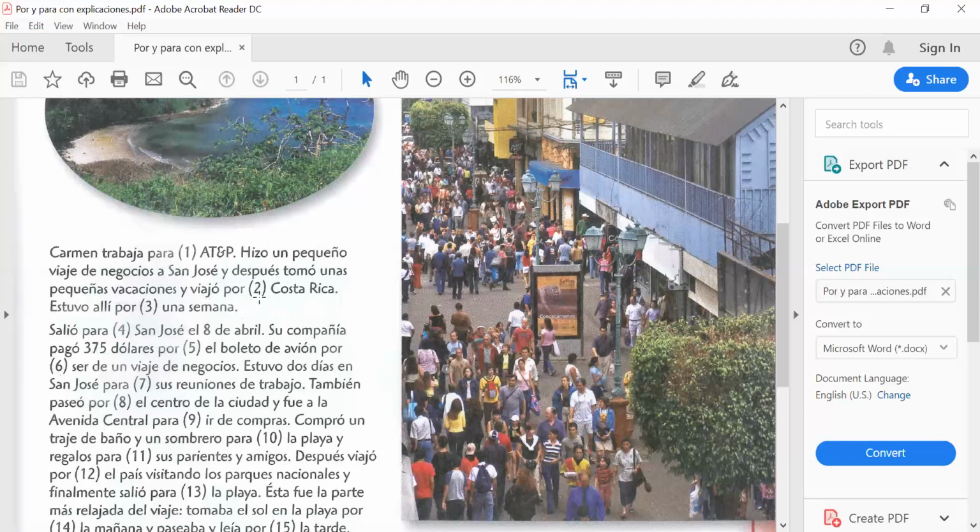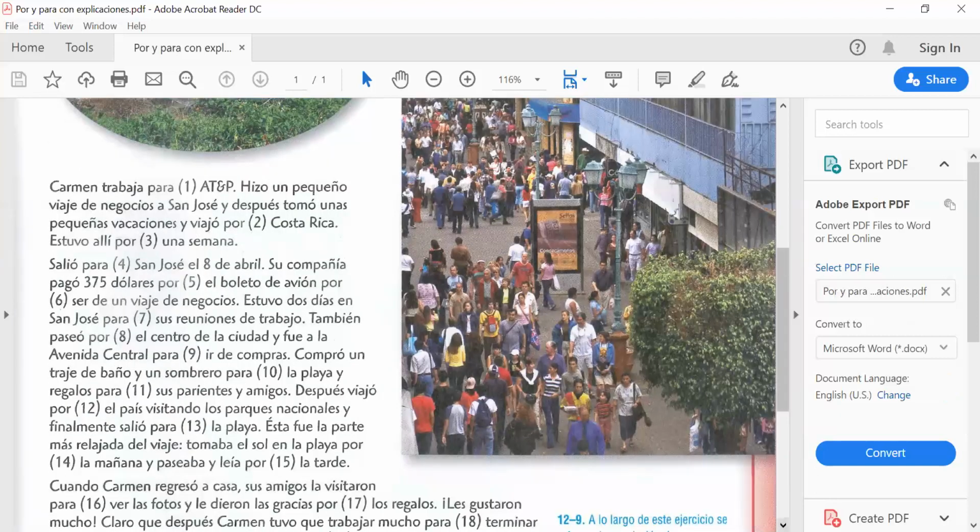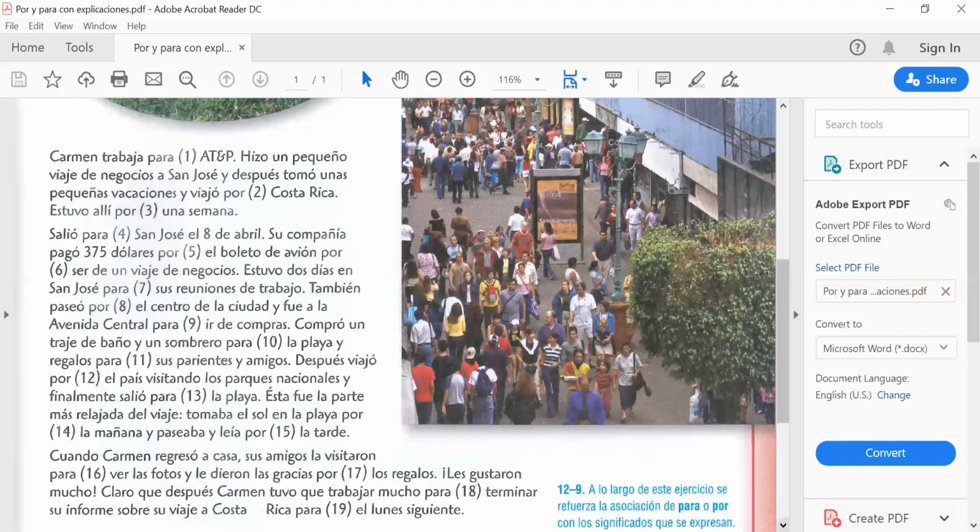And then we have number 2, por Costa Rica. So we know that this is, again, not a fifty-fifty chance. It's por that will have to be used here, and it's for reason number 2. So we want to find the reason. So we go down here, it says, oh, she took a business trip, and then she took some vacation por Costa Rica.